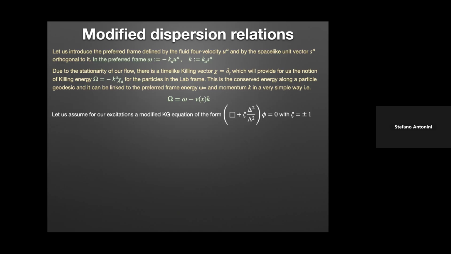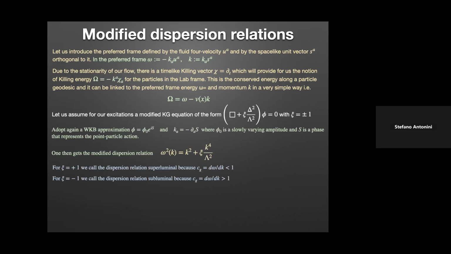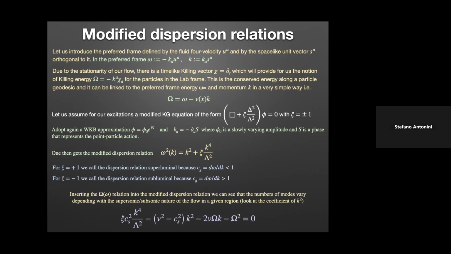Now you have your Klein-Gordon equation for your field with the Lorentz-breaking term, and then you can again go to a WKB approximation to get the dispersion relation. The dispersion relation, depending on the sign of psi, can be subluminal or superluminal. Now what you can do is take the dispersion relation and insert capital Omega as a function of little omega, so you basically get rid of little omega, the energy in the preferred frame.